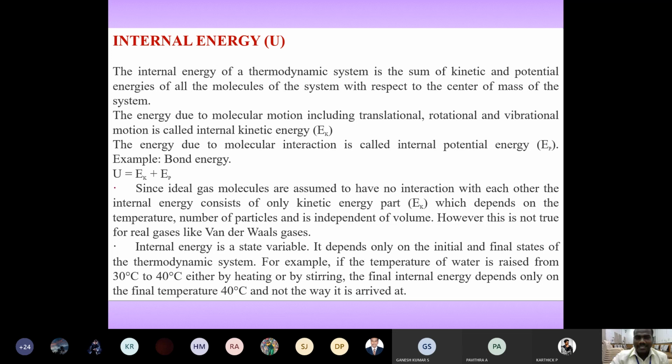So because of that, the potential energy EP will be 0. Only the EK, kinetic energy. So molecular interaction is assumed 0 in the case of ideal gas. So the internal energy is purely dependent on the kinetic energy, temperature, the number of particles, and is independent of volume.